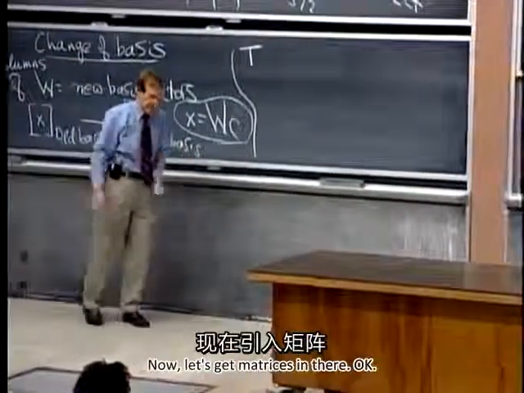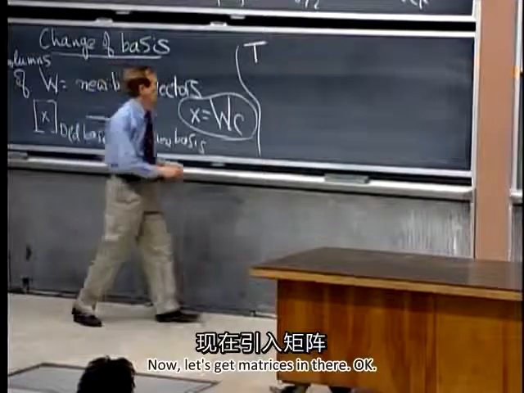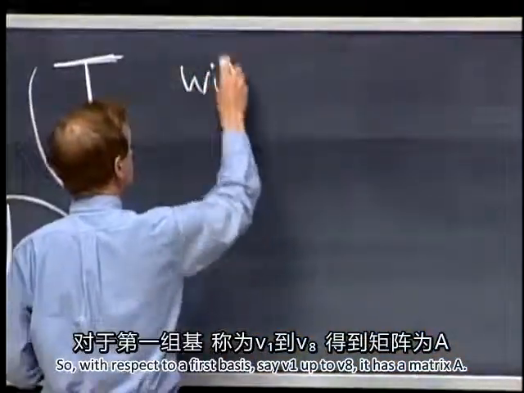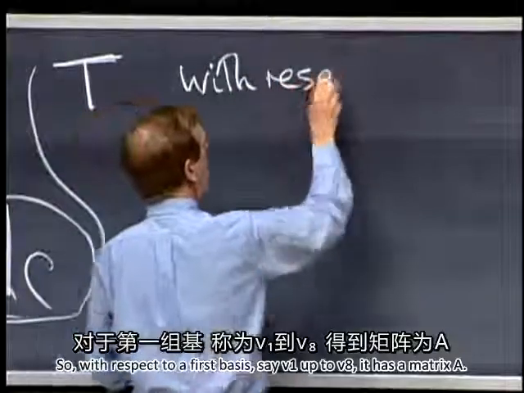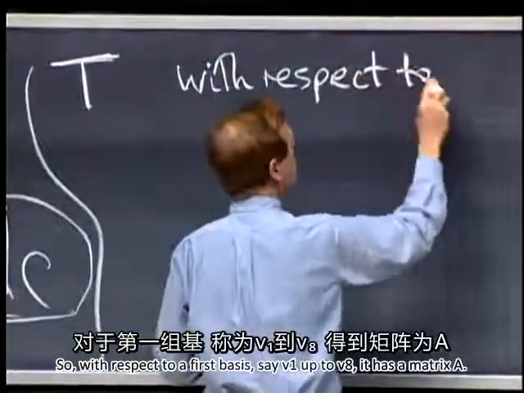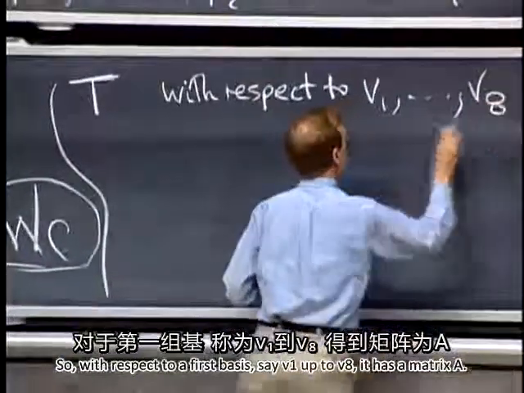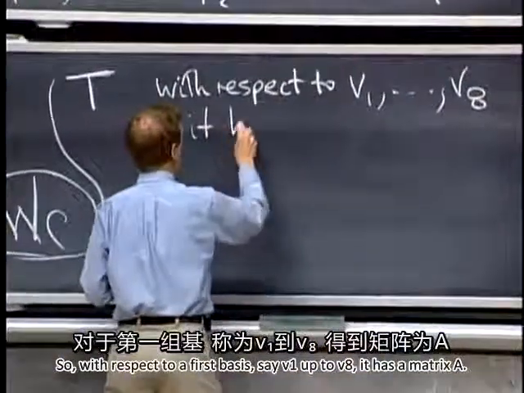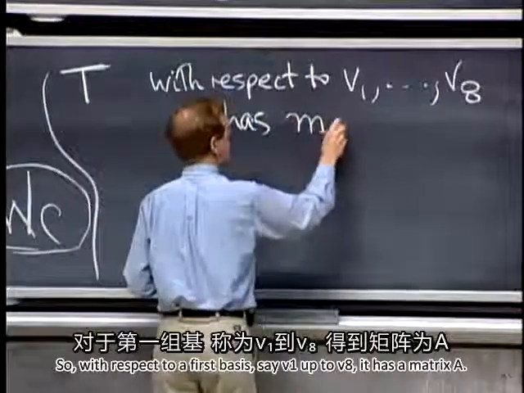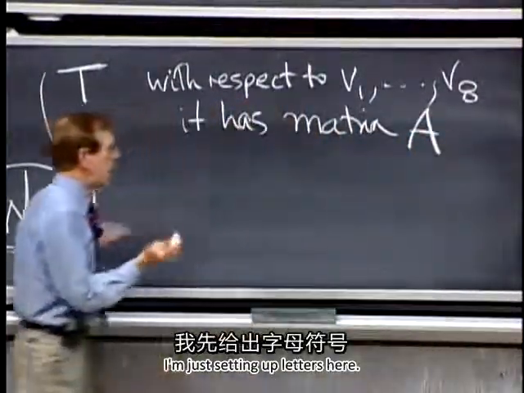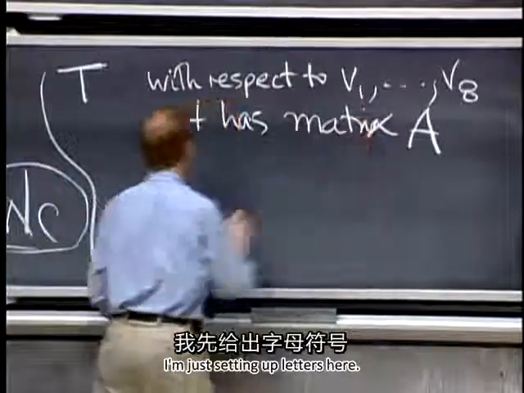Now let's get matrices in there. Okay. So with respect to a first basis, say V1 up to V8, it has a matrix A. I'm just setting up letters here.